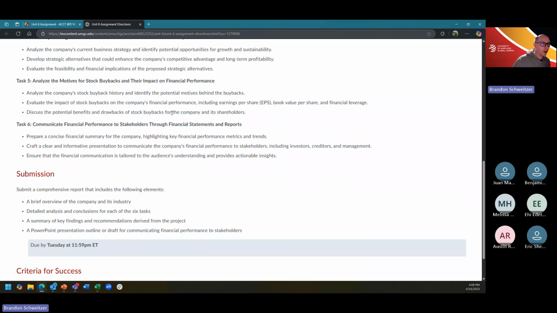I wanted to help you become familiarized with those elements. That's why in Unit 6, we don't have the Excel file. We do, however, have a comprehensive report and a PowerPoint presentation as your deliverables. So take your time working through this, but I wanted to point that out first and foremost.